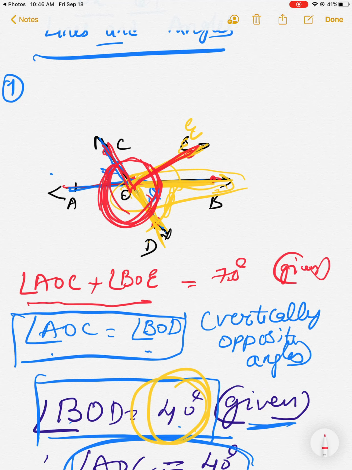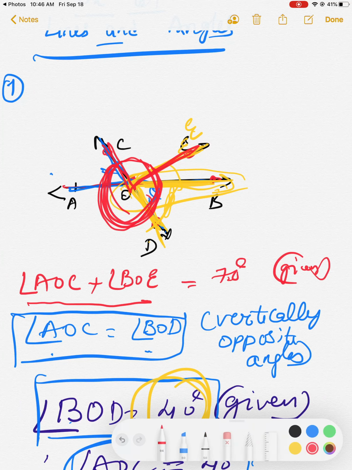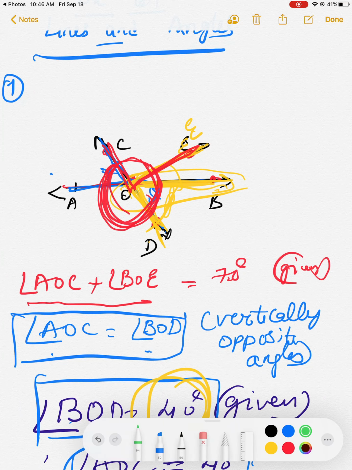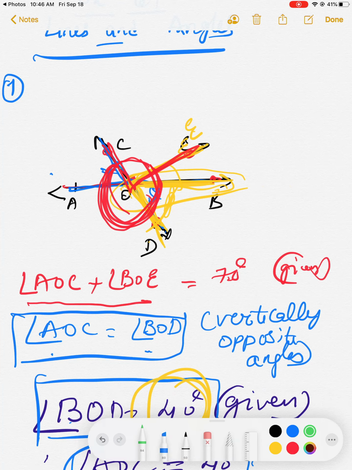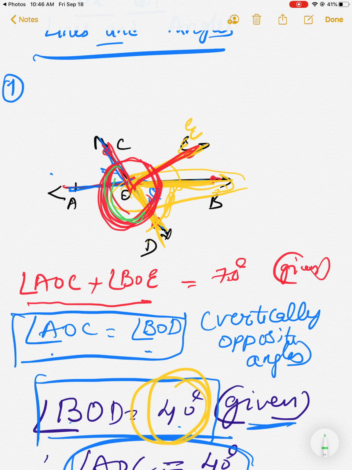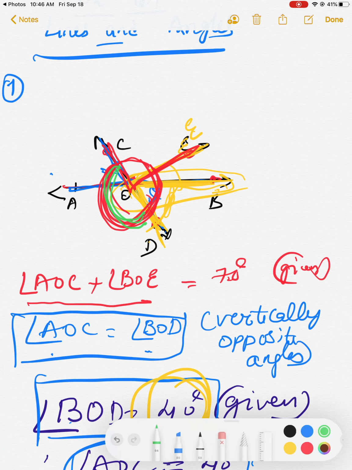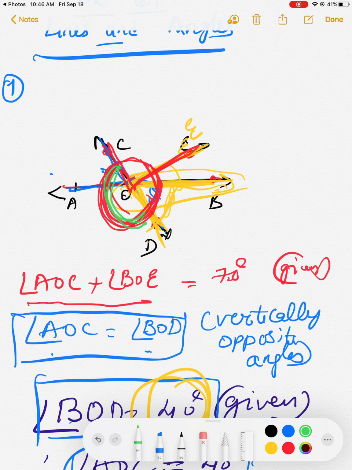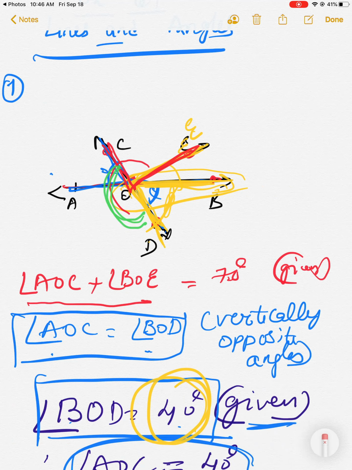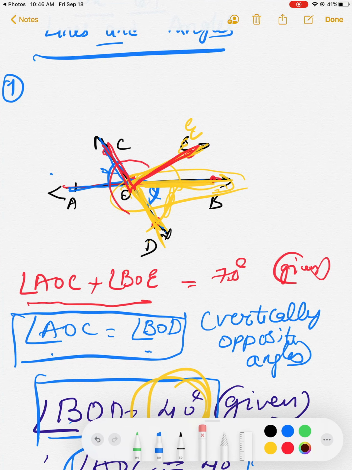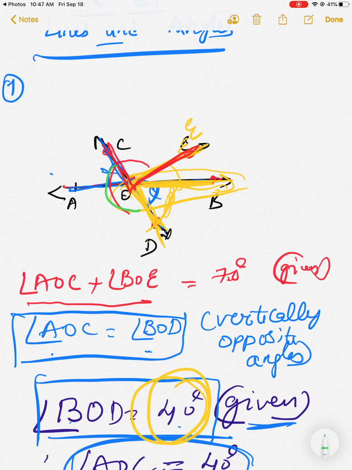This angle I will write with the other pen. Reflex of COE, COD means this angle.